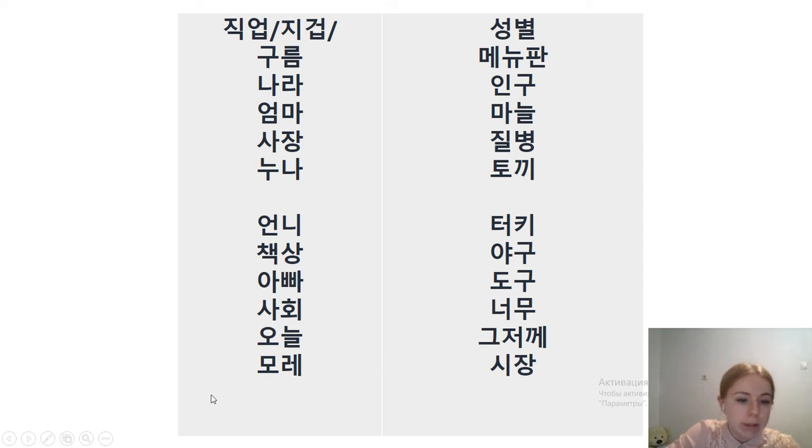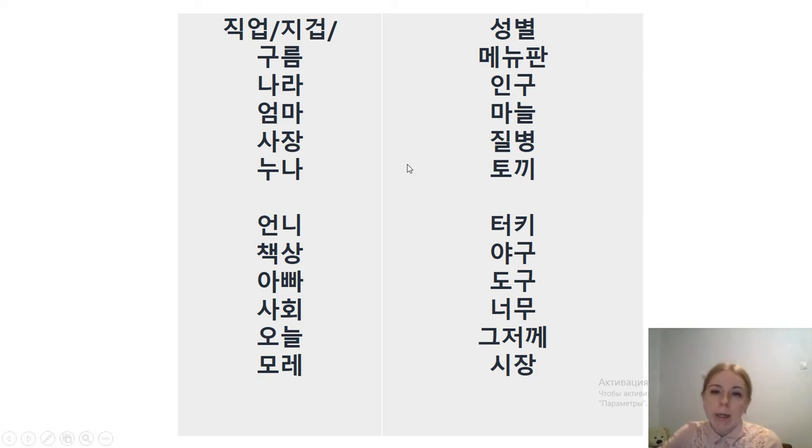And the last one in this row, not row, but let it be row, is 모래. We round our lips when we say o. It's mo, m plus o, mo, and then re, rieul plus e, re, 모래.